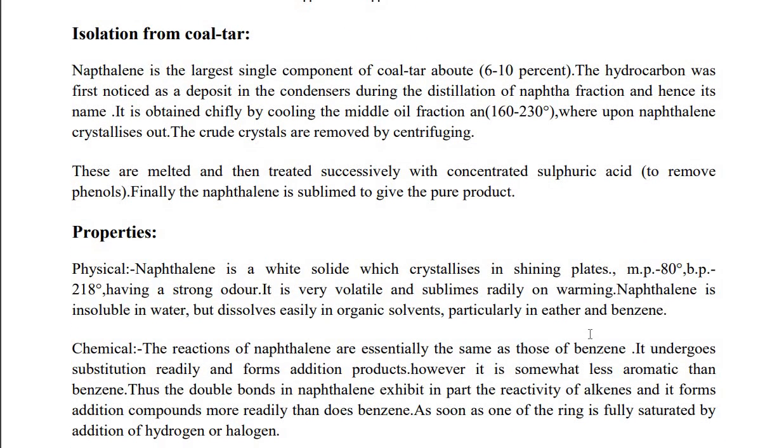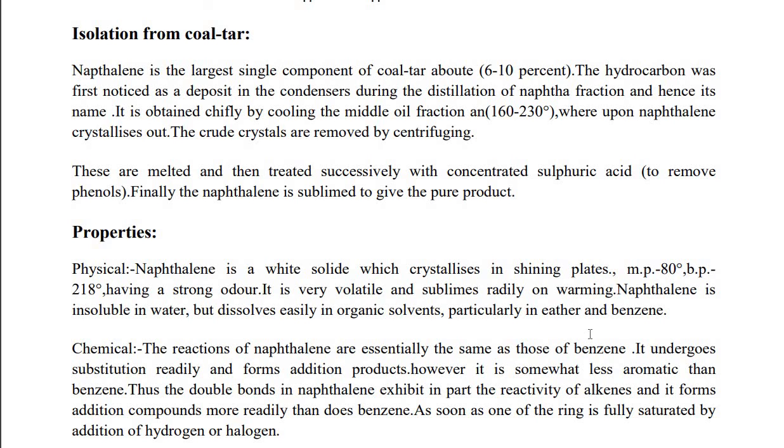Now, isolation from coal tar. Naphthalene is the largest single component of coal tar, about 6 to 10%. The hydrocarbon was first noticed as a deposit in the condenser during the distillation of the naphtha fraction, and hence its name naphthalene.